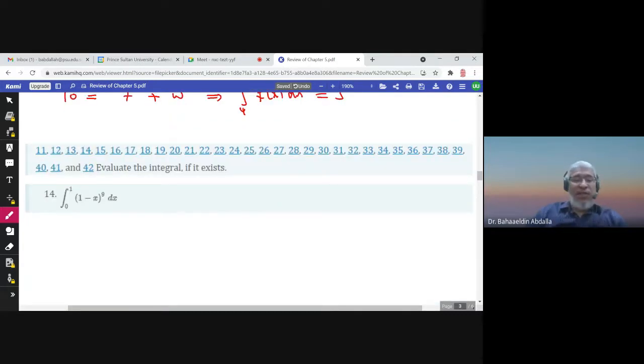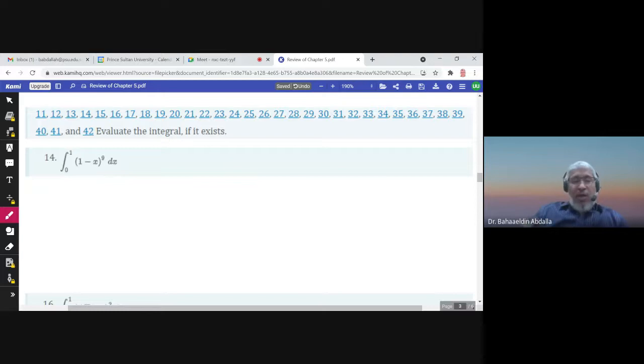Evaluate the integral if it exists. I have 1 minus x to the power 9, so I will take u to be 1 minus x. du would be negative dx. Differentiate, find the derivative of this. So this integral would be, I need a minus sign here, so I'll put it here. I need also to change the x values to u values. So if x is 0, u would be 1 minus 0, which is 1. And if x is 1, u would be 1 minus 1, which is 0.